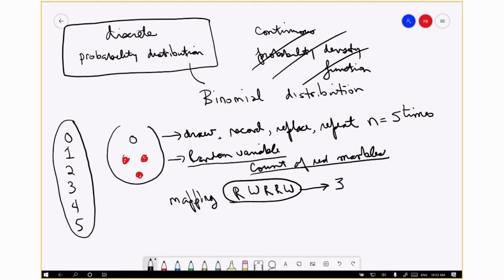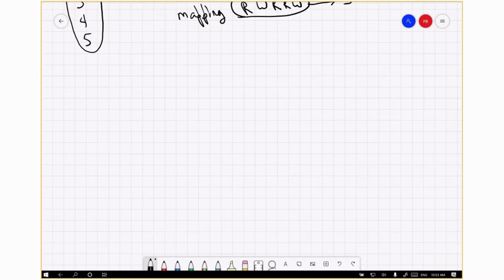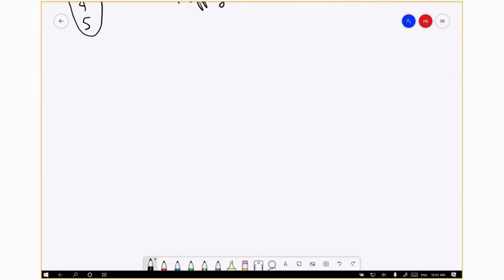So now what I want to think about is this idea of P at Y. This is a function. This is the probability distribution, for different values of Y. Y is going to be the outcome of the experiment, in other words, the number of red marbles.